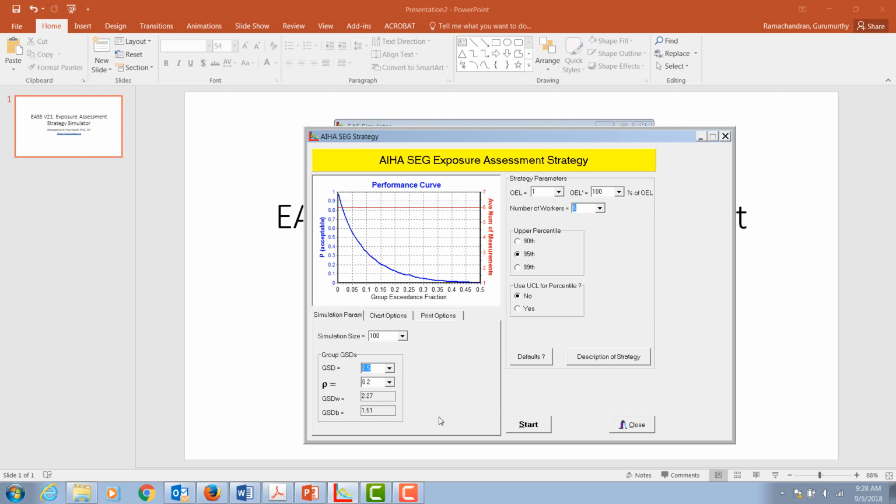The parameter rho is called the homogeneity coefficient.